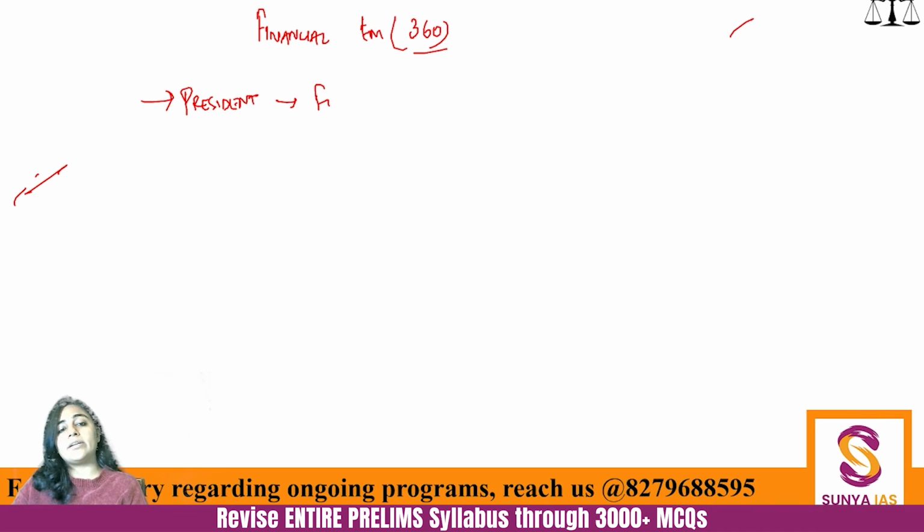So financial emergency, again, part 18 and article 360. 360 is a very easy article to remember. 360 degrees, you will be able to remember. So again, the president will declare the financial emergency when the financial stability or credit is under threat.